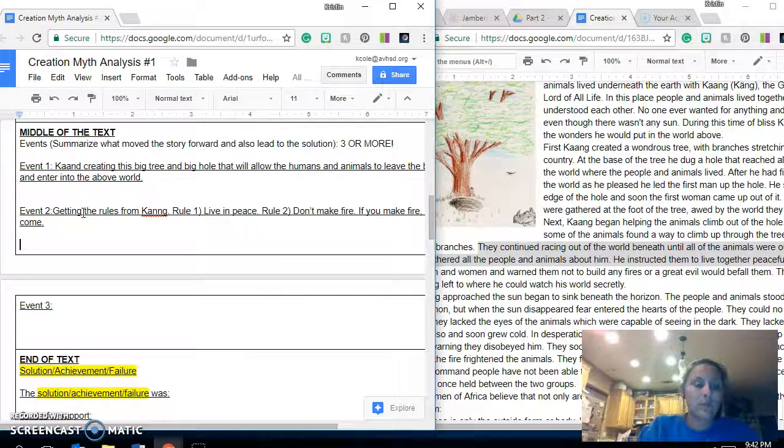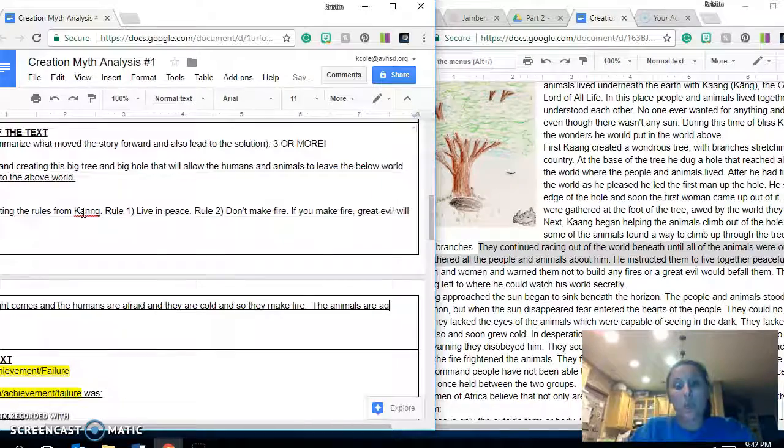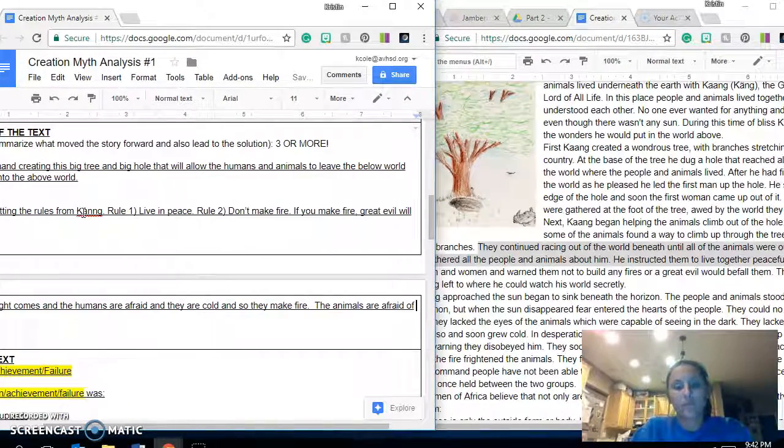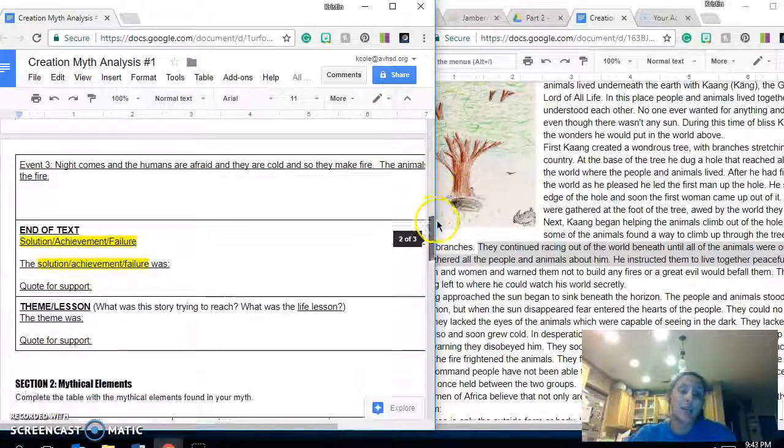And then event three is definitely when night comes and the humans are afraid and they are cold, and so they make fire. And what happens when they make fire? The animals are afraid, right? Wonderful.